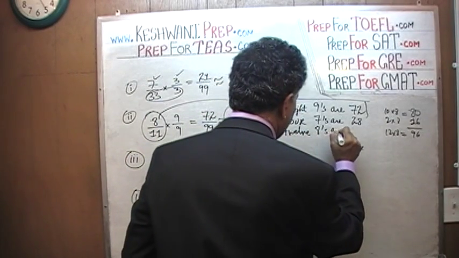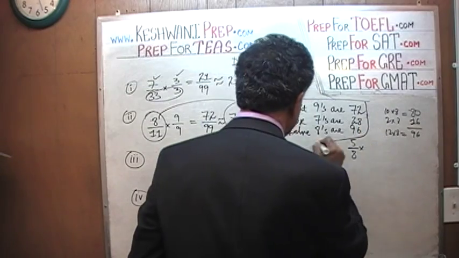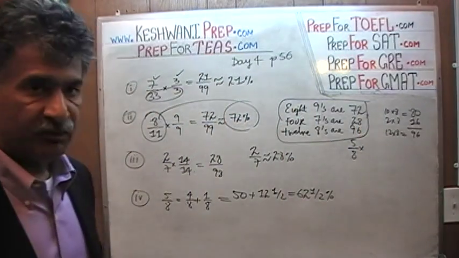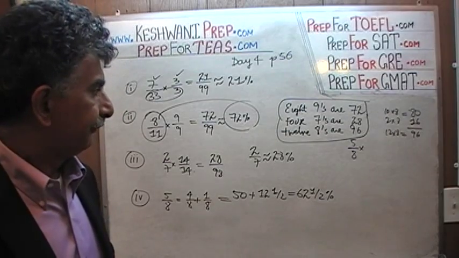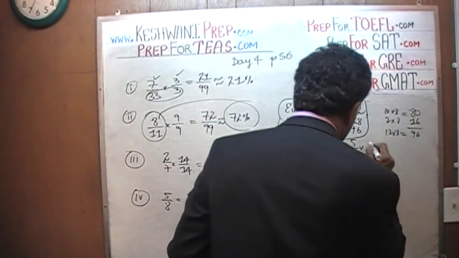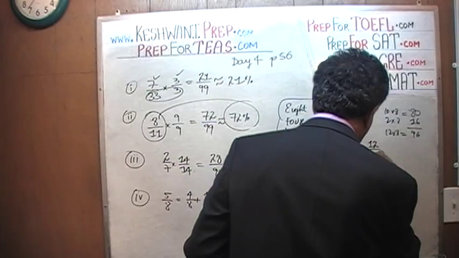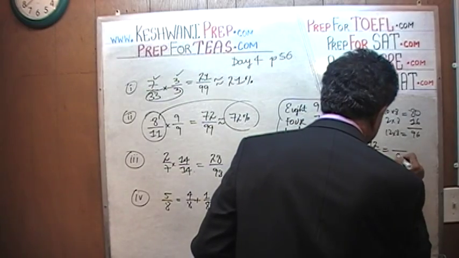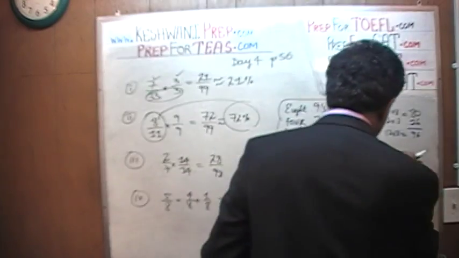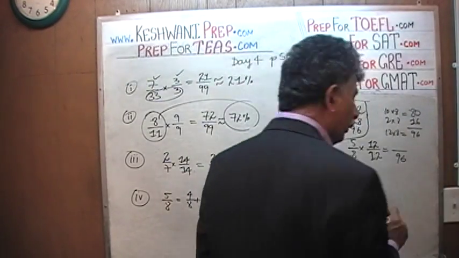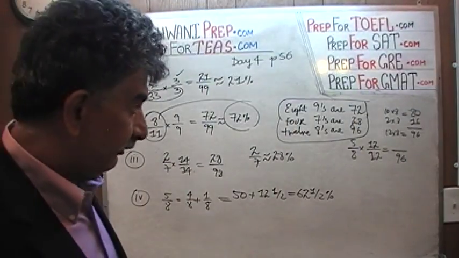12/8s are 96. The reason I'm writing here is because if you're going to watch this video, you have to understand the language that I use. 12/8s are 96. So you multiply the top and bottom by 12. The bottom we get 96, which is very close to 100. Not quite as close as we would like, but it's close enough.